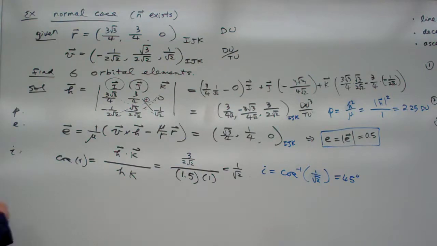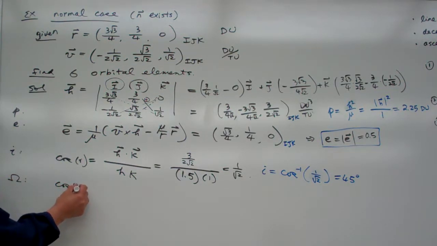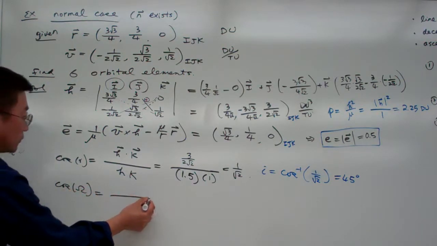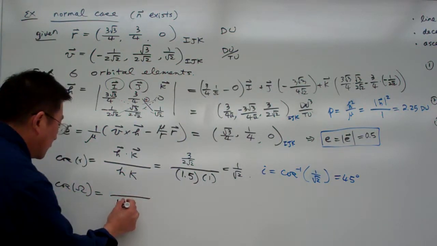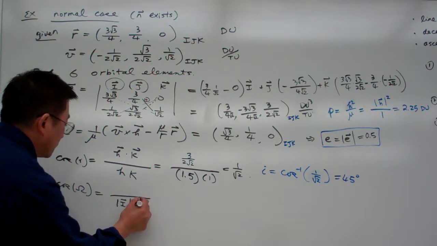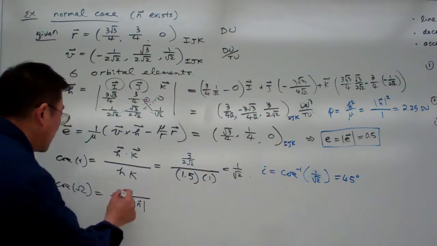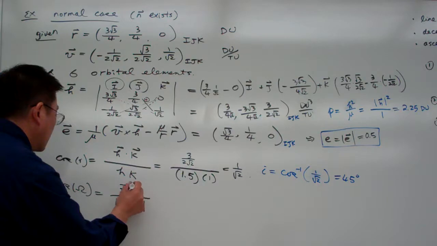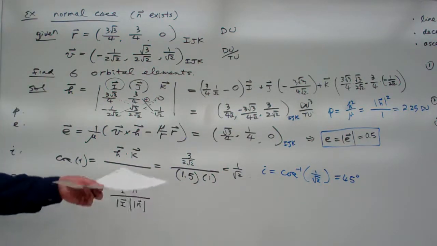Then we determine the omega. Cosine omega equals i dot n over the magnitudes.